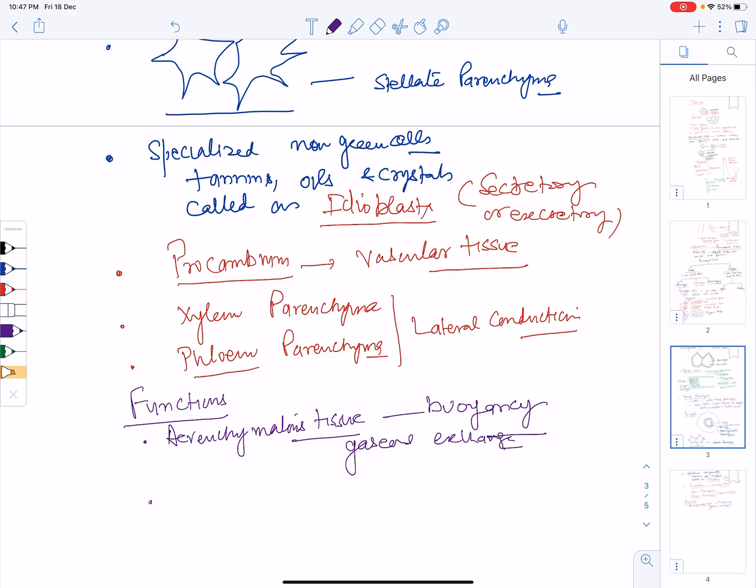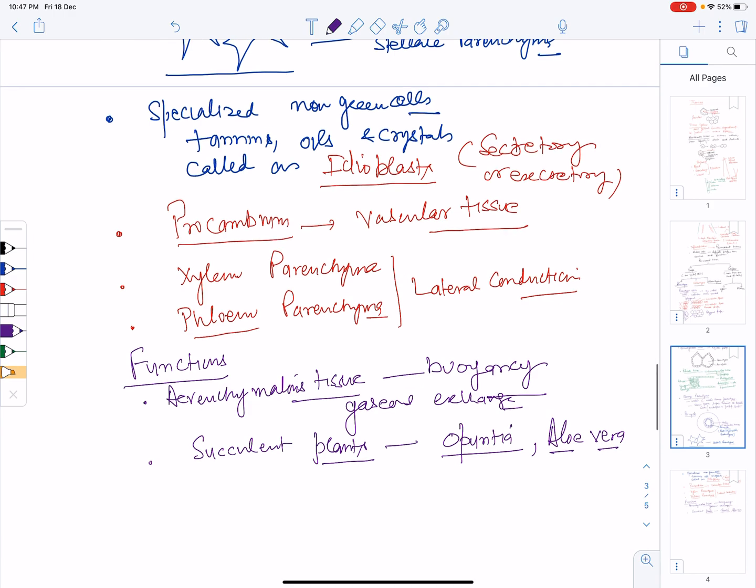Then water storage parenchyma is important in succulent plants for storing of water, which grow in dry conditions, and whenever water is available they will store water. Succulent plants like opuntia, which is also called cactus, aloe vera and other varieties of aloe vera are succulent plants, so they have water storage parenchyma which helps in storing of water in the form of mucilage.